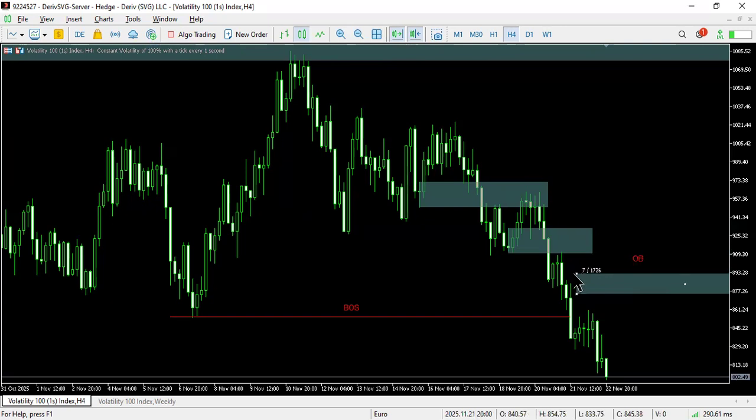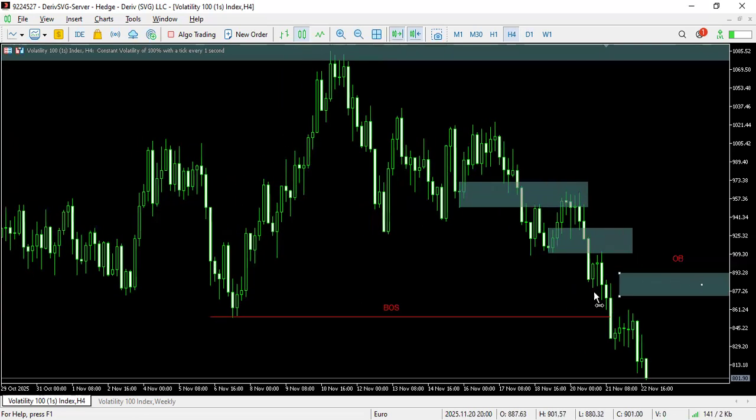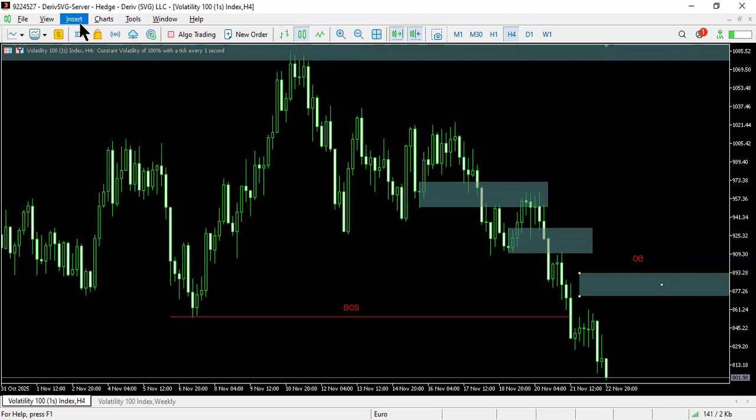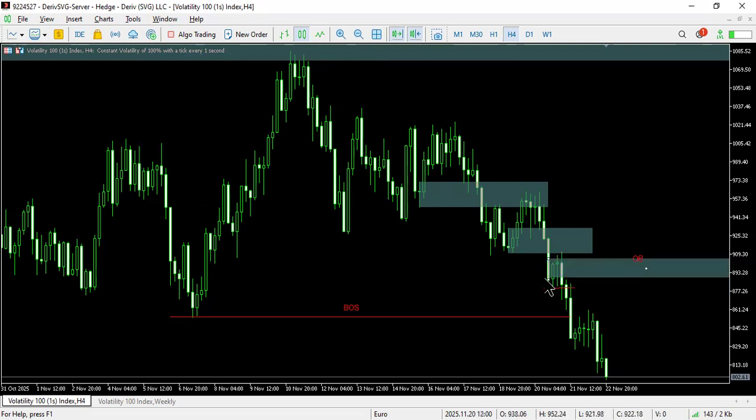So we are going to be looking for a recent break of structure. So we have a break of structure there. And then the other block which caused that break of structure is that one.